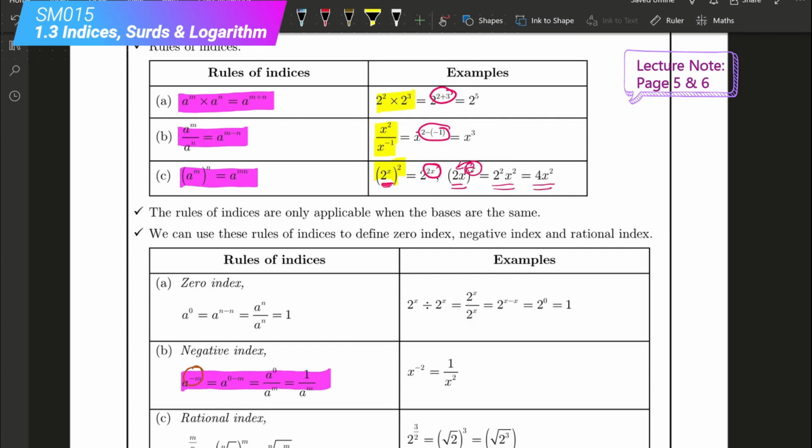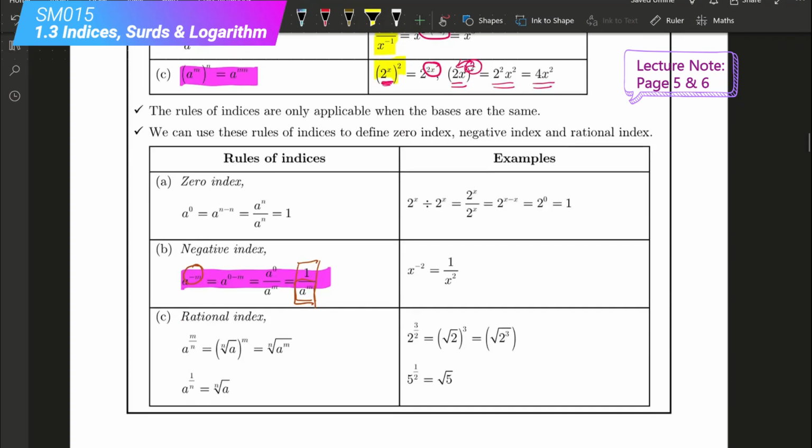If negative m involves a change of sign, we need to cross the line. It will become 1 over a to the power of m. When there is a negative index, we move the base to the denominator. The base is a, so a here will be moved to the denominator, a to the power of m.